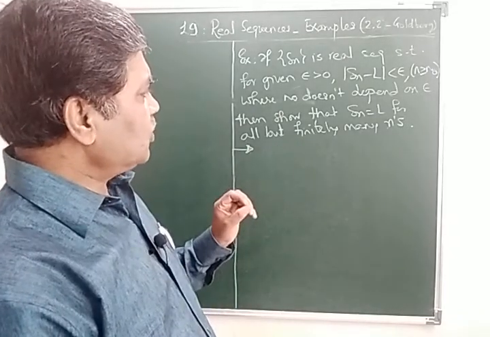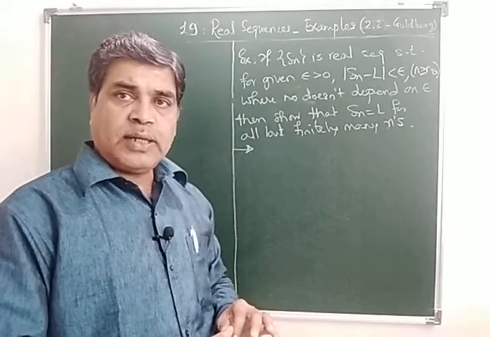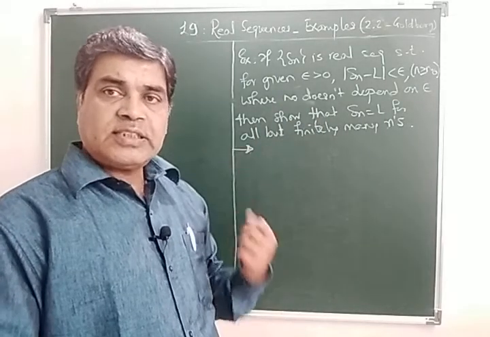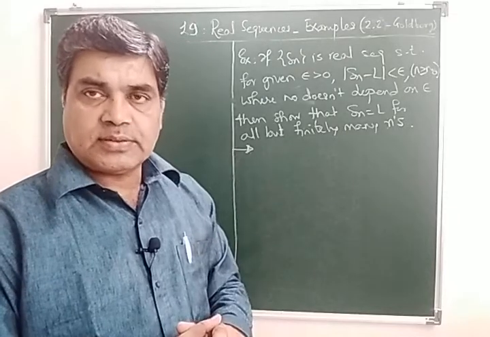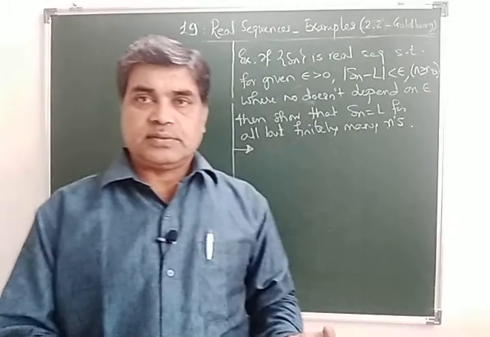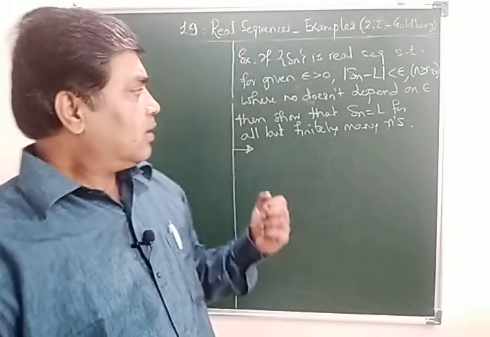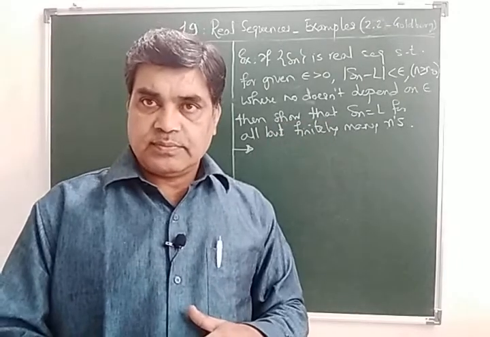Means what you have to show: Sn takes the value L except for a few terms of that sequence, or Sn is equal to L after n greater equal 1 lakh.